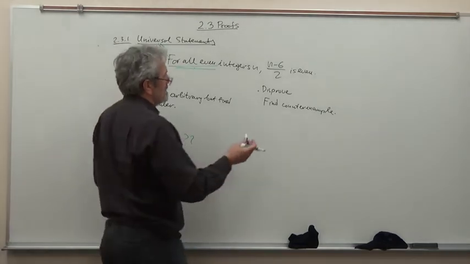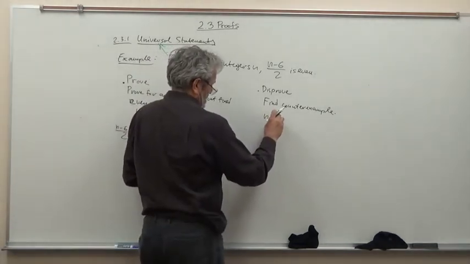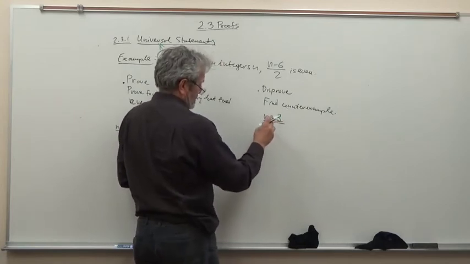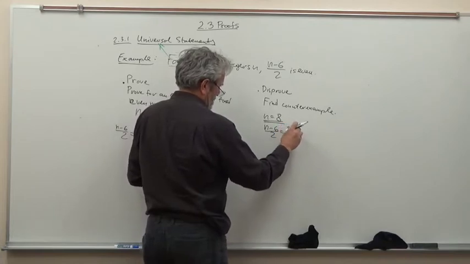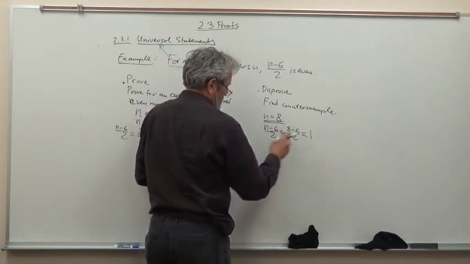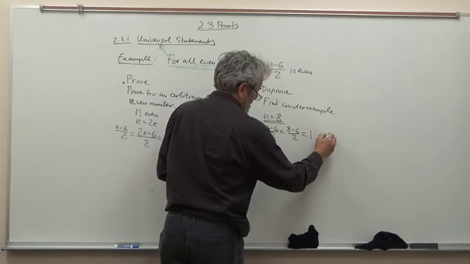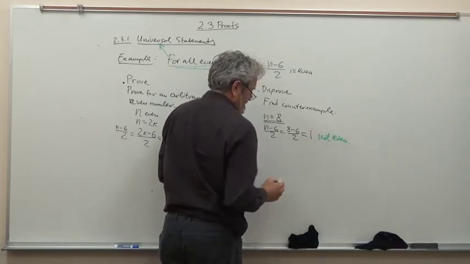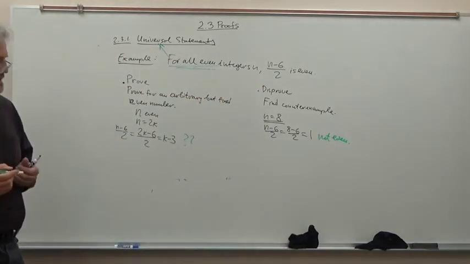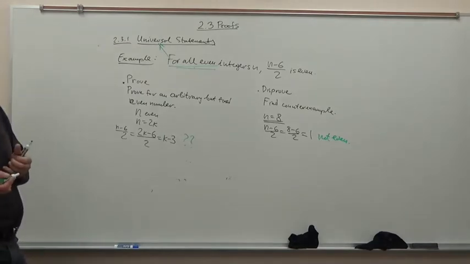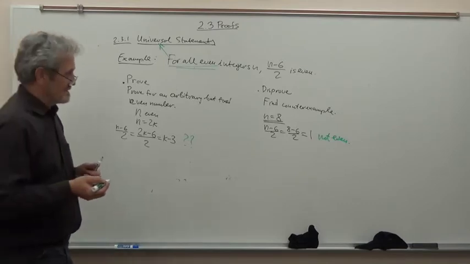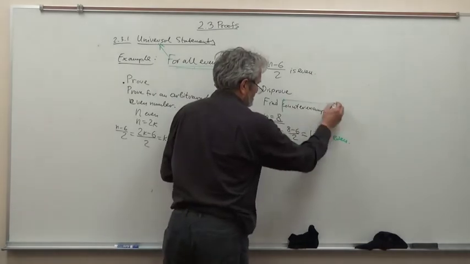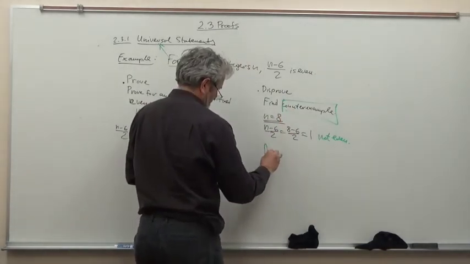For example, let me do n equals 8. What do I get? n minus 6 over 2 equals 8 minus 6 over 2, which is 1, not even. So we actually disproved this statement and showed that from the fact that n is even, we cannot prove that n minus 6 over 2 is even. Here's your counterexample. So not true.